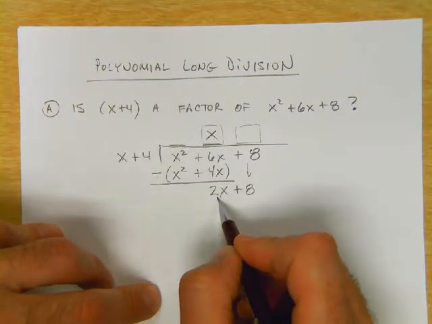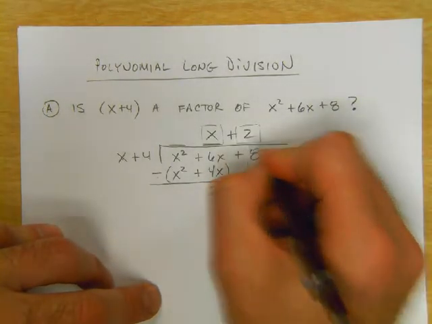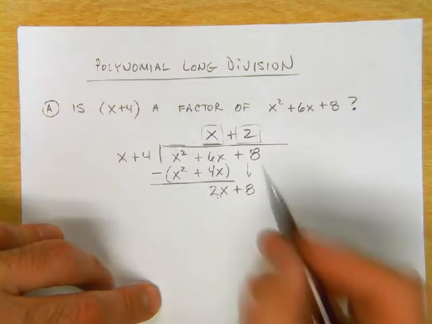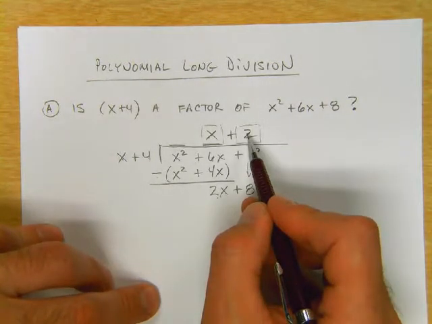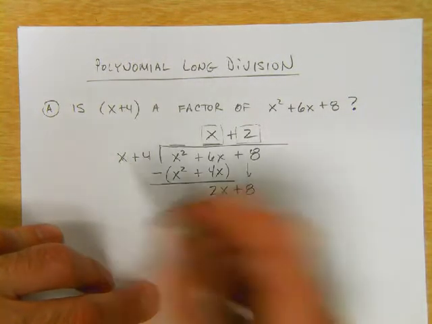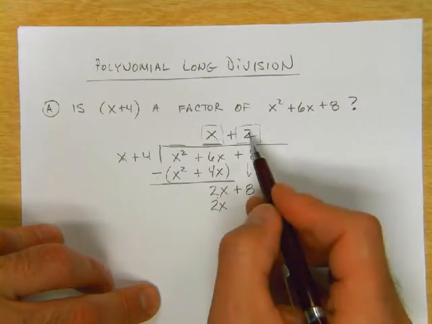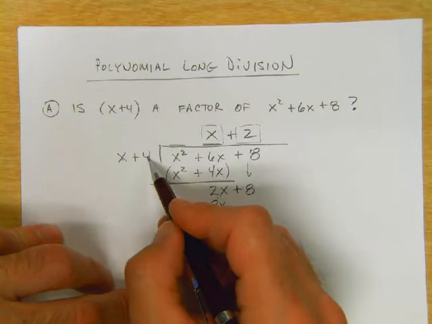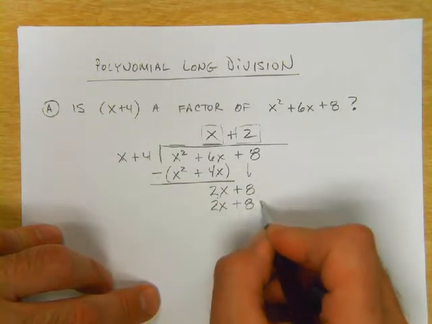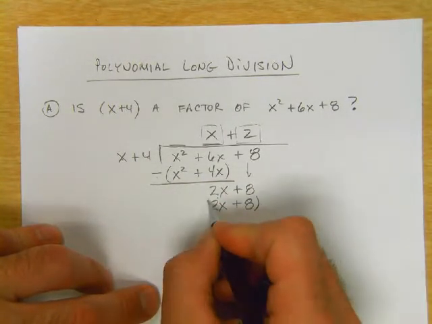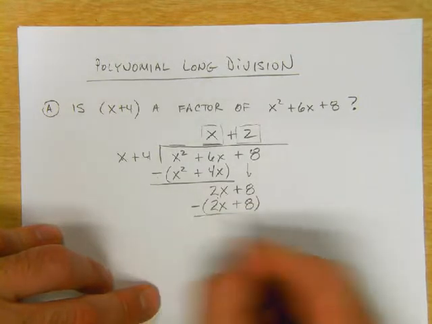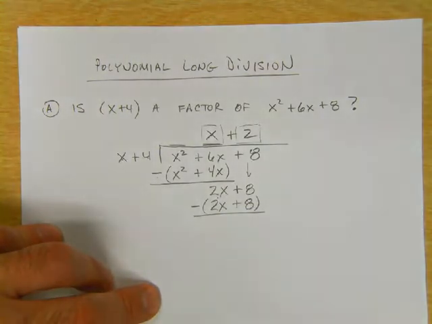So then we multiply. 2 times x is 2x. And 2 times 4 is 8. Put this in parentheses and subtract. And it looks like we get remainder 0.